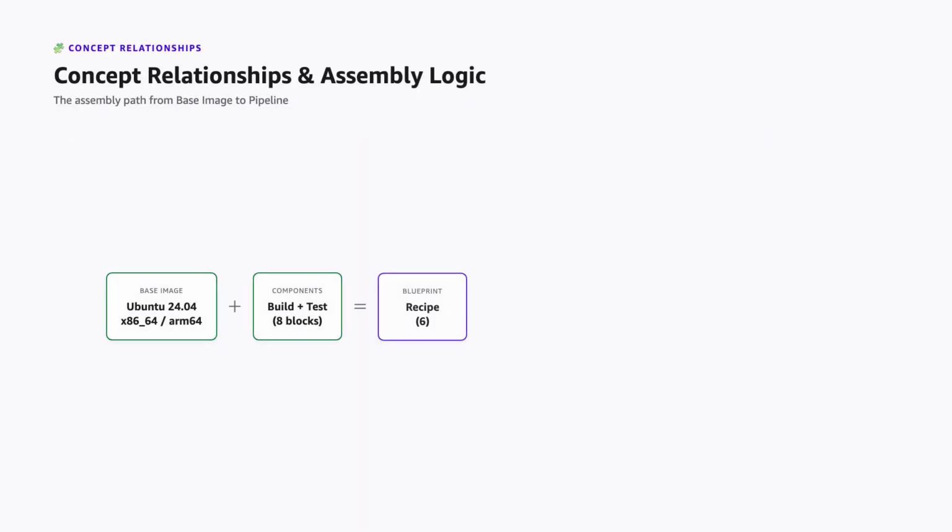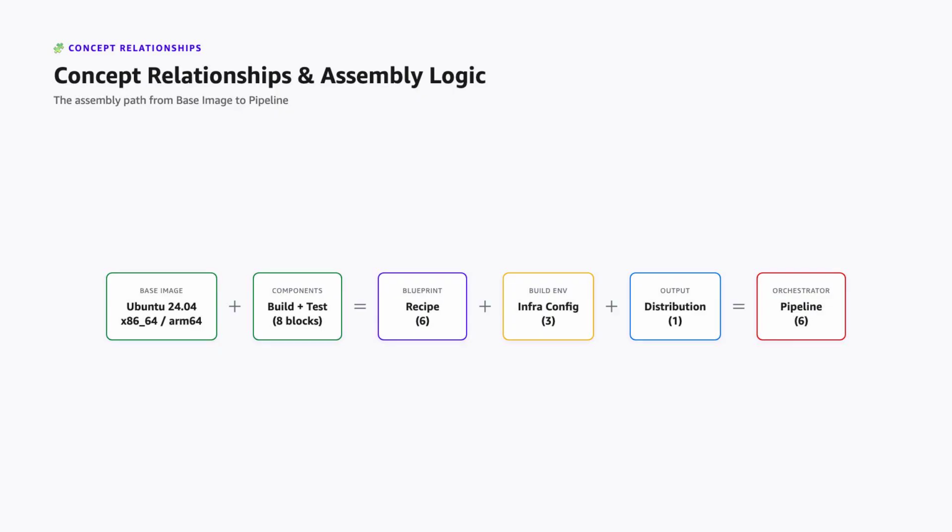Let's trace the assembly path from raw materials to a running pipeline. We start with a base image, Ubuntu, in either x86-64 or ARM64. To that we add our components, the build steps and the test step, drawn from our 8 building blocks. A base image plus an ordered set of components equals a recipe, the blueprint that says what to build. But a blueprint alone doesn't build anything.